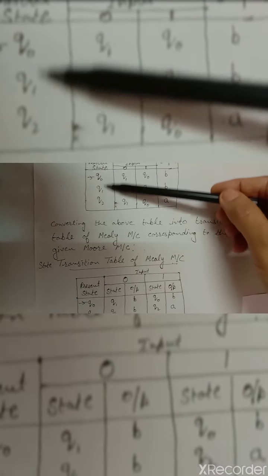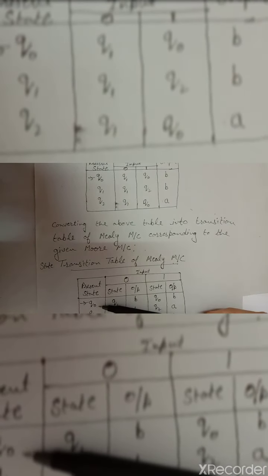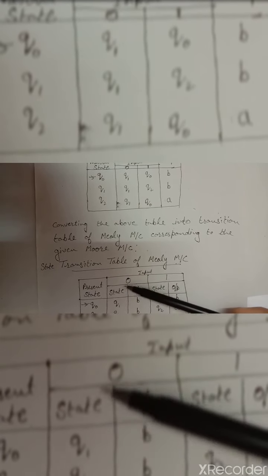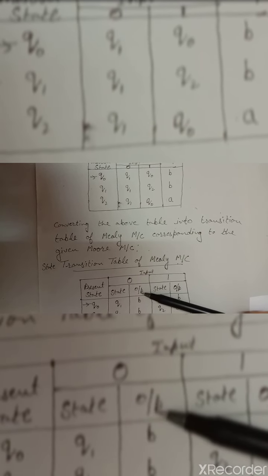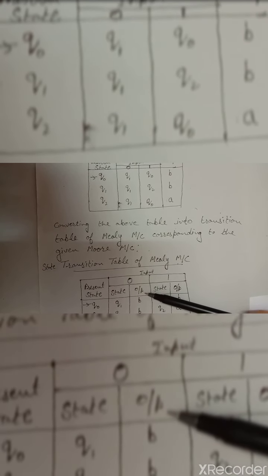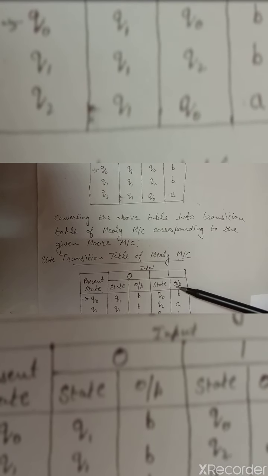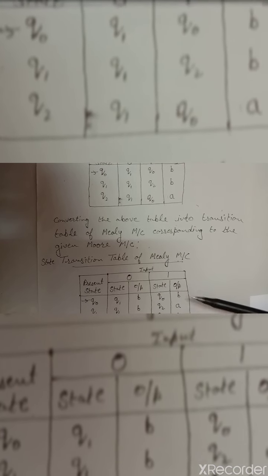There were 3 states, so we write here Q0, Q1, Q2. There are 2 inputs, 0 and 1. Corresponding to 0, there are 2 columns, one for state and another for output. Corresponding to 1 input, again we construct 2 columns, one for states and another for output. So with the help of the transition table of the Moore machine, we construct the transition table of the Mealy machine.